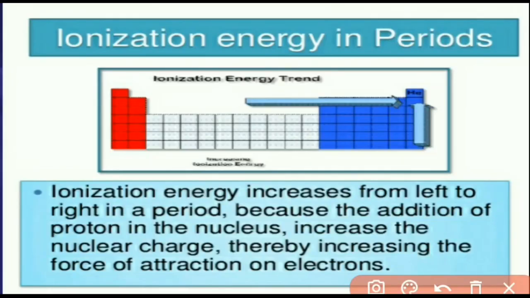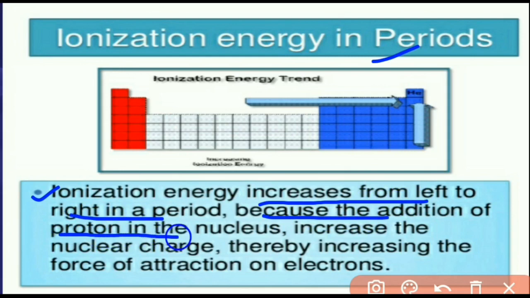Periodicity of ionization energy in periods. Ionization energy increases from left to right in a period because of addition of protons in the nucleus, which increases the nuclear charge, thereby increasing the force of attraction on electrons.